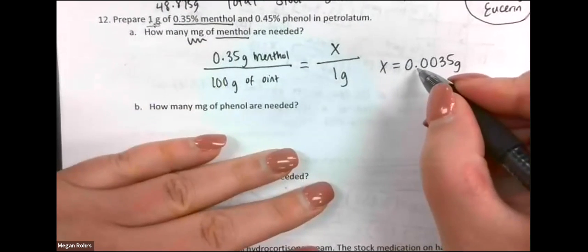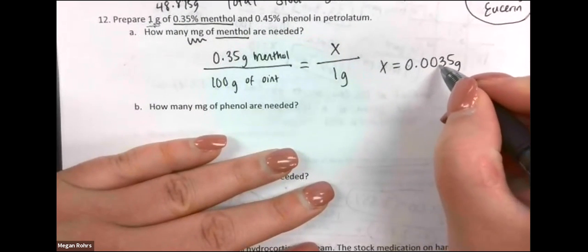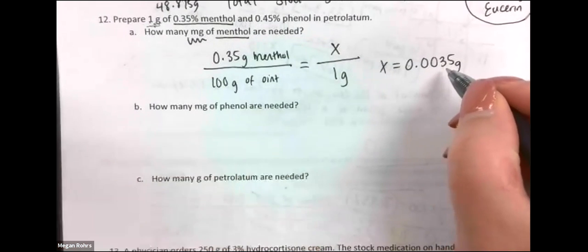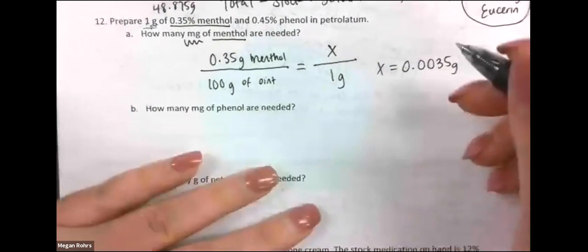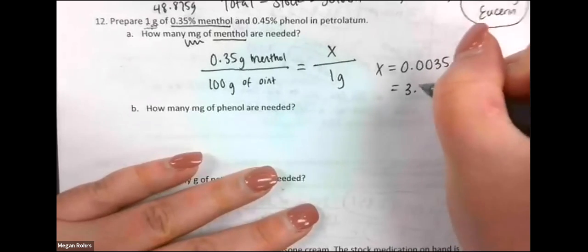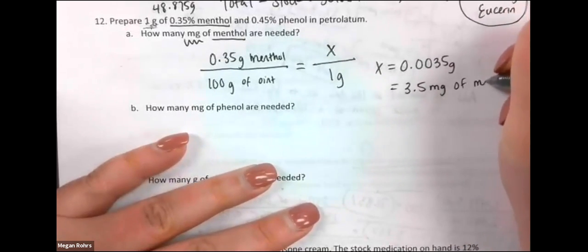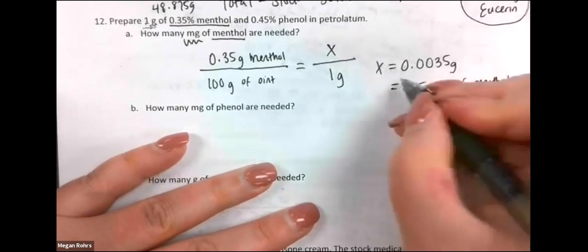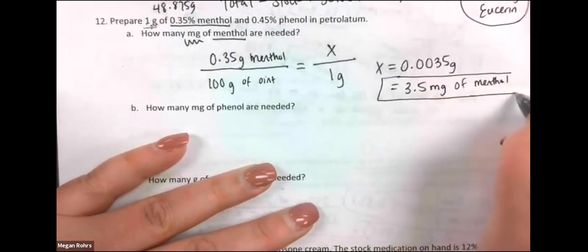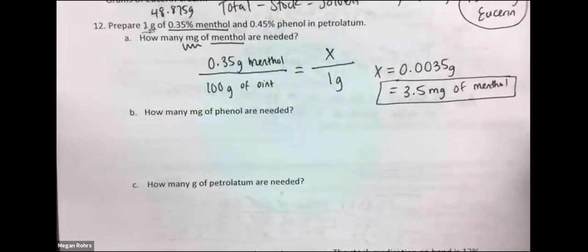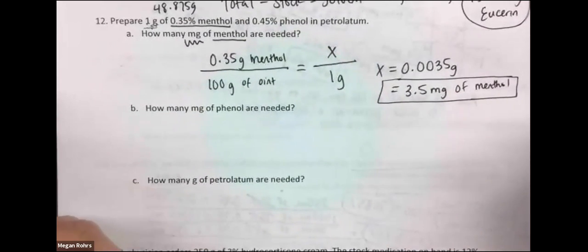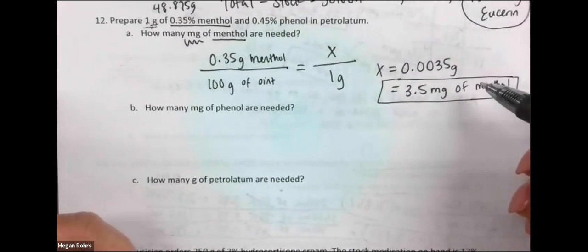So what I can do is move my decimal 3 places to the right. So that would give me 3.5 milligrams of menthol. So that's what we need for our menthol.